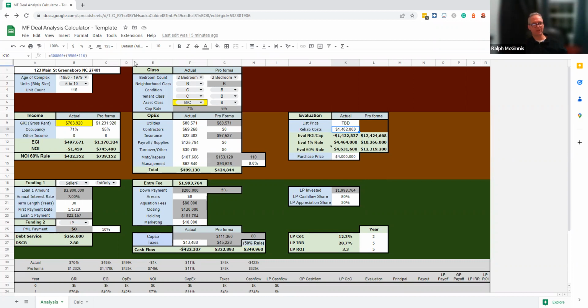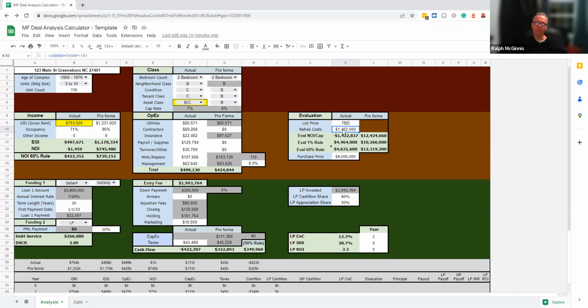So in this evaluation, it would take $300,000 of CapEx around the whole property for the larger items, and then $9,500 per unit times 116 units. That's what it would take to get the property up to par, which means that your actual rehab cost is 1.4 million. So you want to take that into account in your actual evaluation.